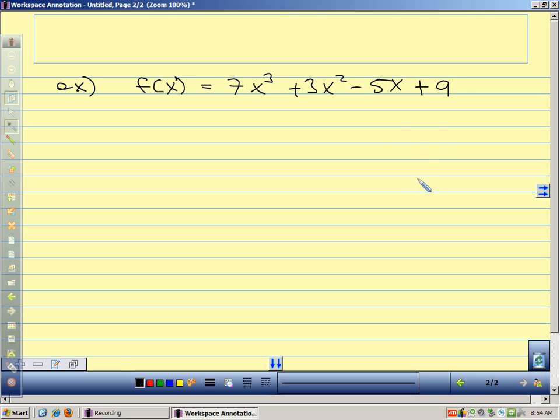So we want to look at the number of times the signs change in f. Here, positive to positive, doesn't change. From here to here, I have one sign change, and here we go negative to positive, so there's another sign change. So f of x has two sign changes: positive to negative, then negative to positive.